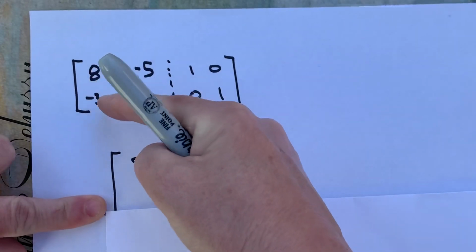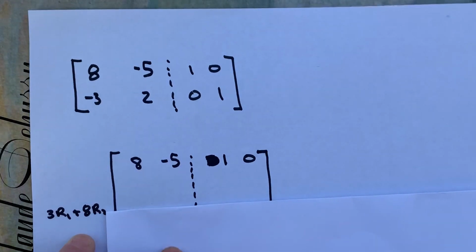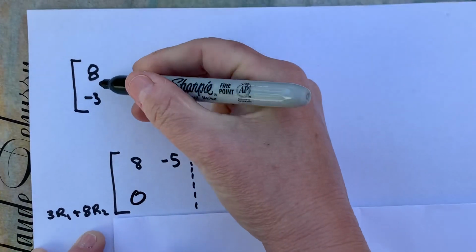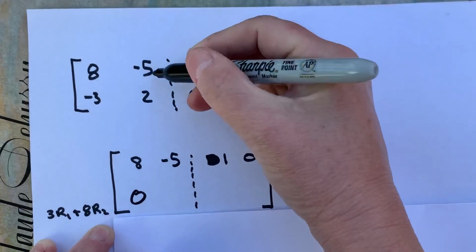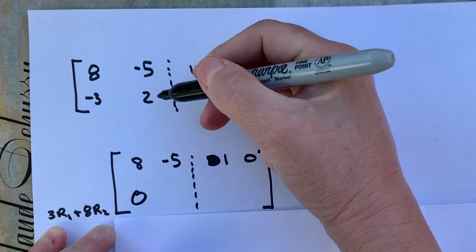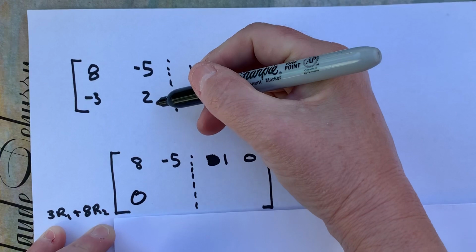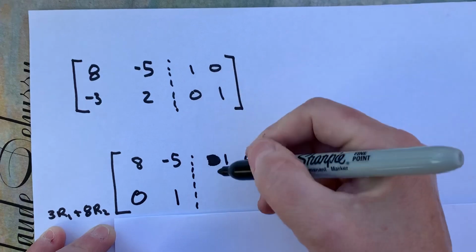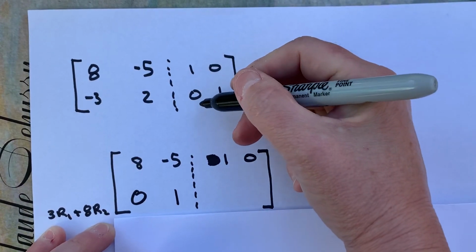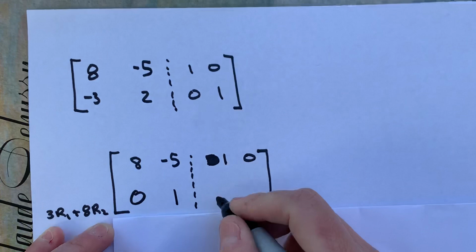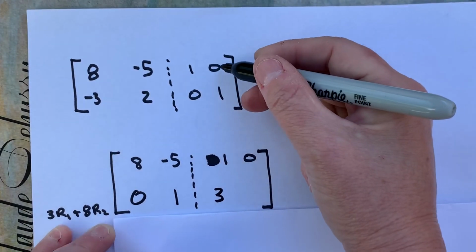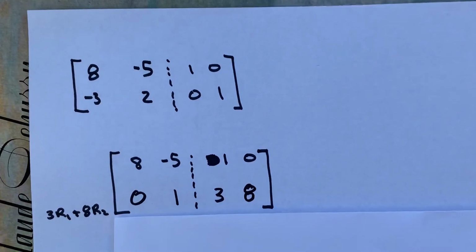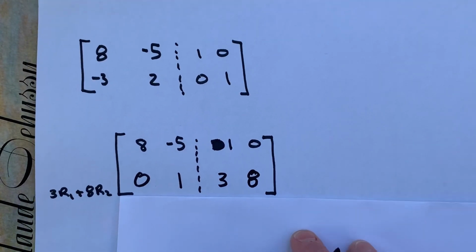So if I take 3 times that and add it to 8 times that, I should get 0, because 24 minus 24 is 0. 3 times negative 5 is negative 15, plus 2 times 8 is 16, so that's going to be a positive 1. What goes right here is 3 plus 0, so that's just 3. And this is 3 times 0, which is 0, plus 8 times 1, which is 8. I think that's my next step.